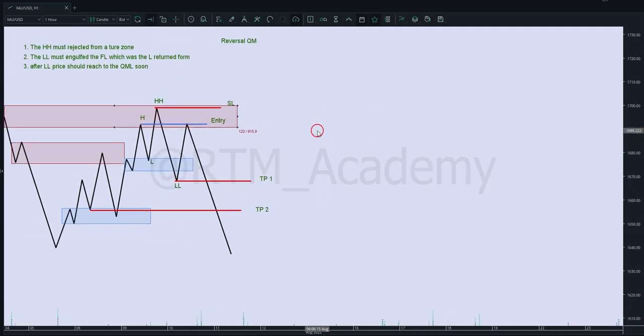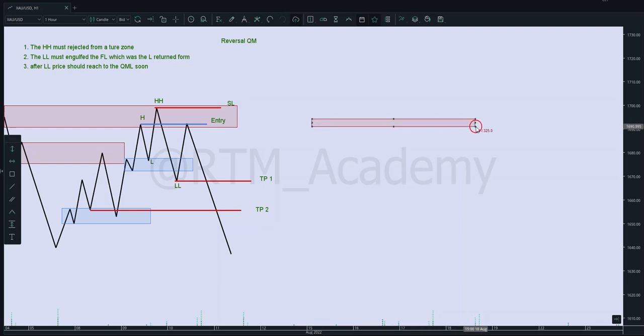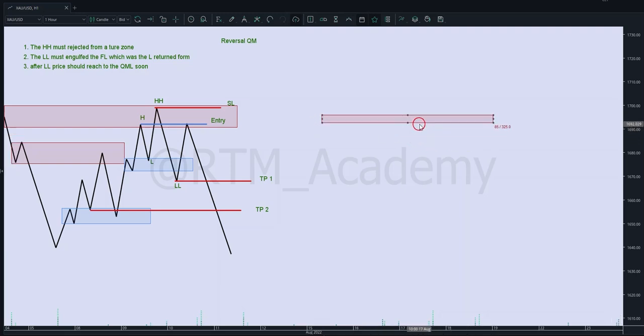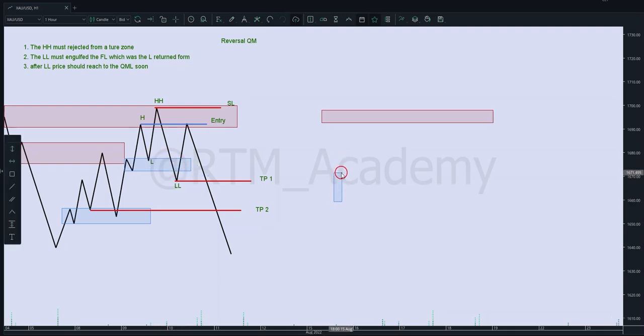Imagine that here we have an area. So the price comes up here, and after that price comes down here, and again it is a QM in the higher time frame.